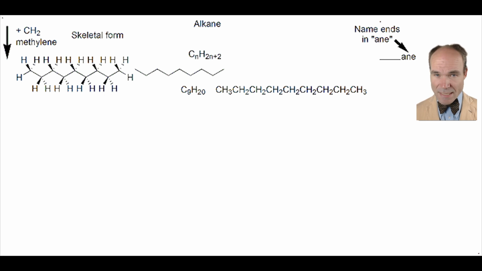Here we have the condensed form. I'm not going to read it all out now. It's getting rather long. But what do we call it? Well, it's going to end in ane, and we need to tell people that there are 9 carbons, so we say non. So here we have nonane.